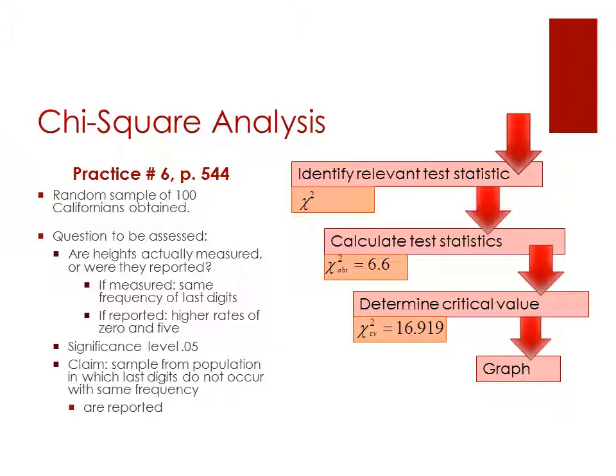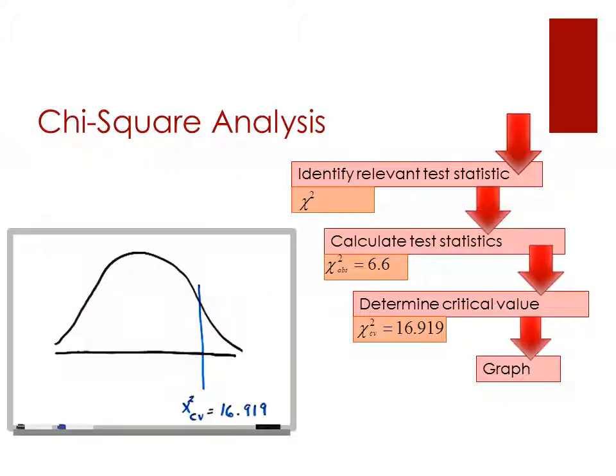Well, we're going to need to graph it. So now we're moving into graphing the problem. If we look over here, I've started to set this up for us. Here's our distribution, and here we have our chi-squared critical value of 16.919. Now, is the rejection region going to be to the right or to the left of 16.919?